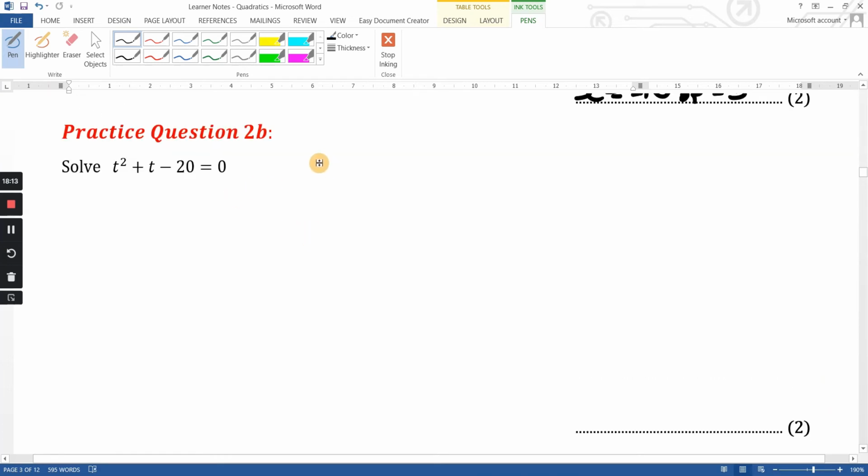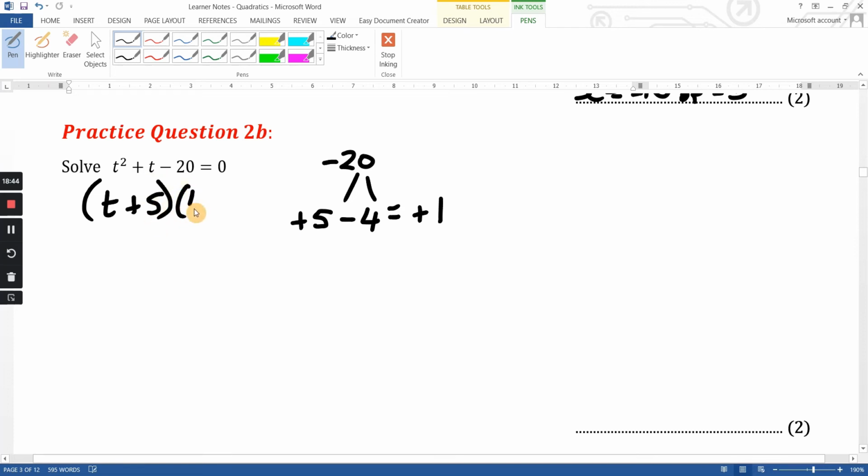Next one, I need a minus 20. And technically there's a 1 there, so I need a positive 1 here. It's going to be definitely 5 and a 4, isn't it? Again, one of these is going to be negative, so that's positive, that's got to be negative. So I've got t plus 5 and t minus 4.